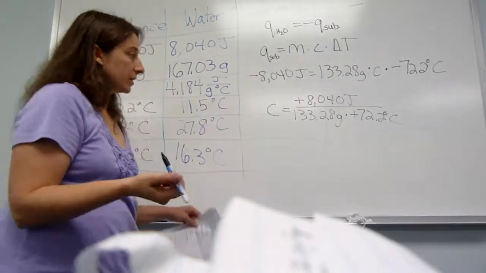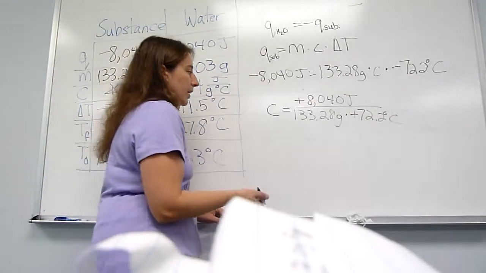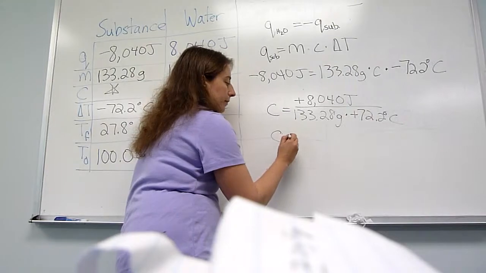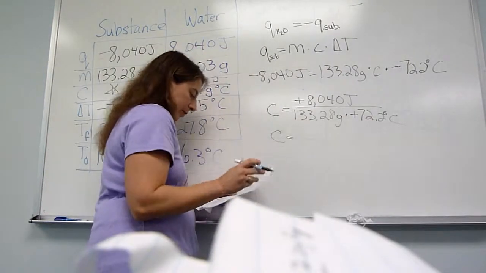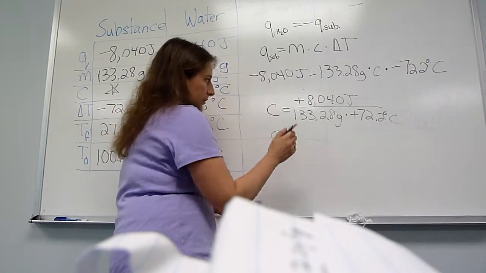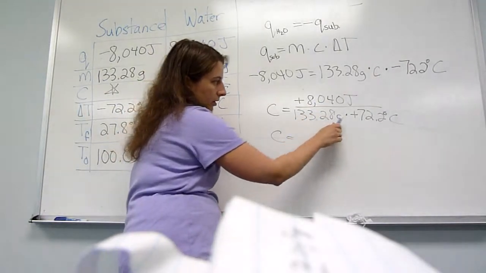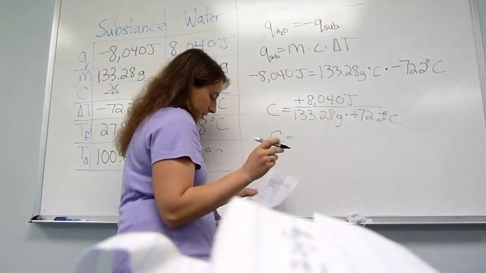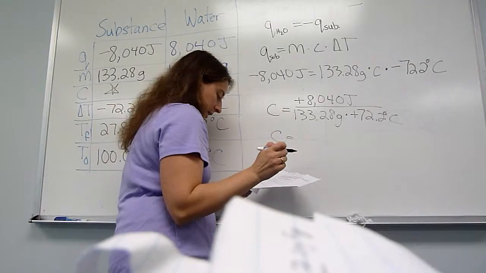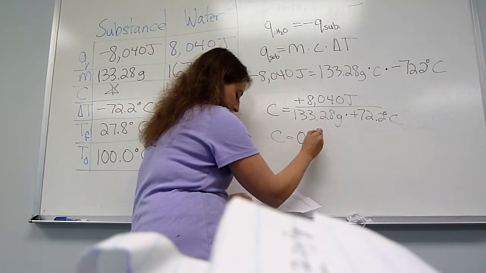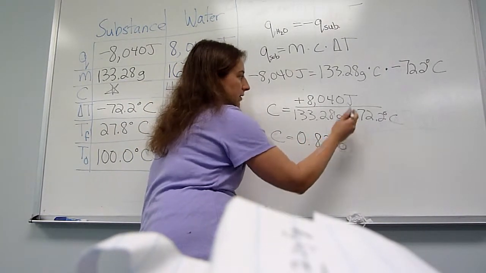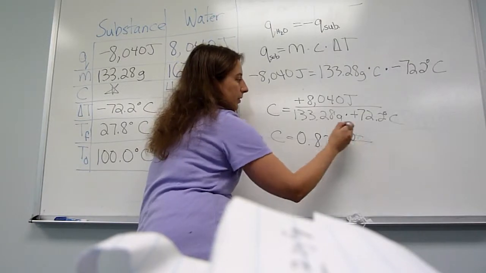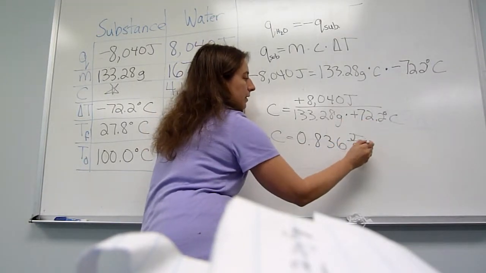We'll end up with a positive, which is good. All specific heats are positive numbers. When we plug that into our calculator, we can have 3 significant figures since we're multiplying and dividing, and that is 0.836 joules per gram degrees Celsius.